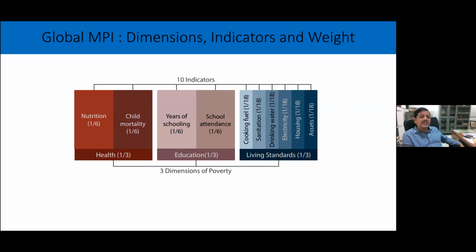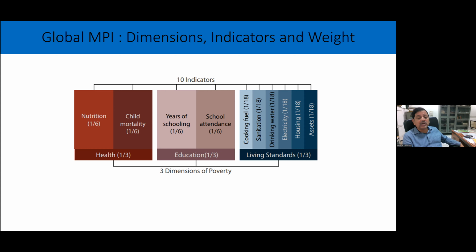Now this is basically the methodology which is used in defining the global MPI. As I said, it takes three dimensions of deprivation in defining multidimensional poverty. These dimensions, as you can see here, are health, education, and standard of living.